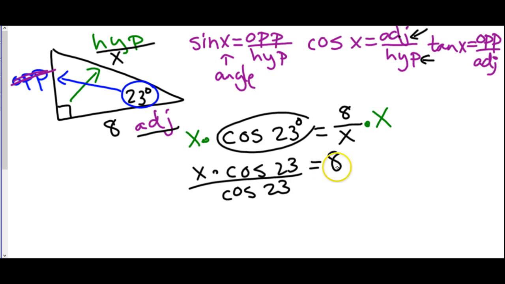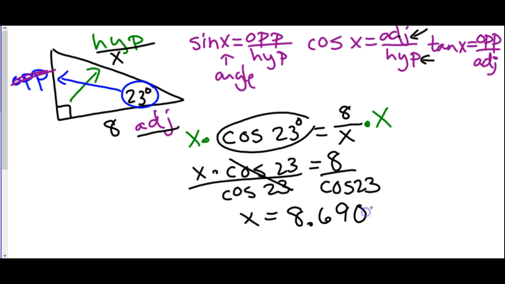That looks like it's two things, but it's really actually one thing. So then we would plug that into our calculator. 8 divided by cosine 23 is 8.6909. I did a couple of decimal places. It depends on how many they ask for. I just went 4.